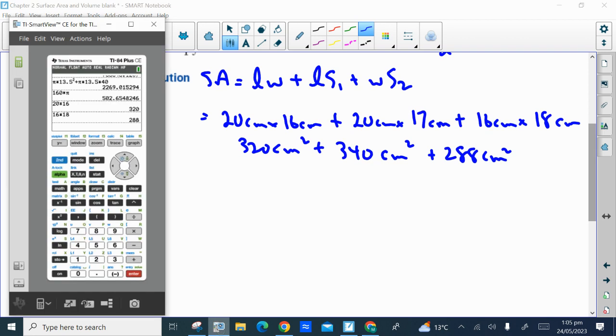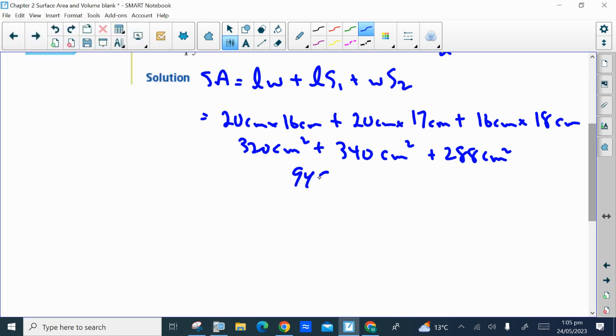So now we will add these up. And that gives us a total surface area of 948. Because this formula does not involve pi, there's no rounding, because it doesn't involve pi.